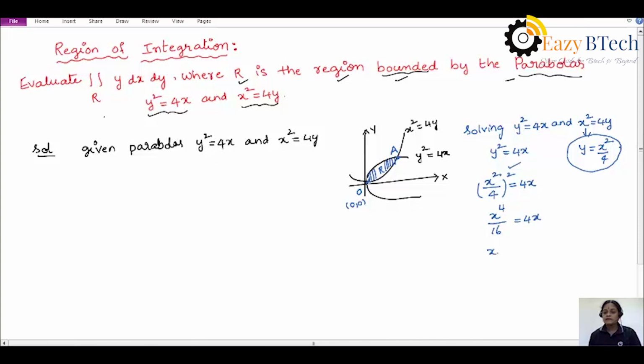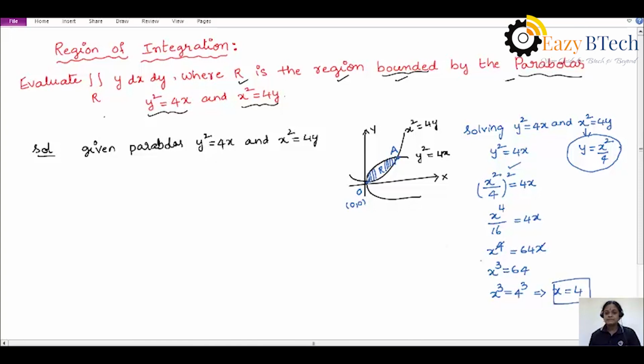Then x power 4 is equal to 4 into 16, that is 64x. One x will be cancelled, then x cubed is equal to 64, and x cubed is equal to 4 cubed, so the value of x is 4.